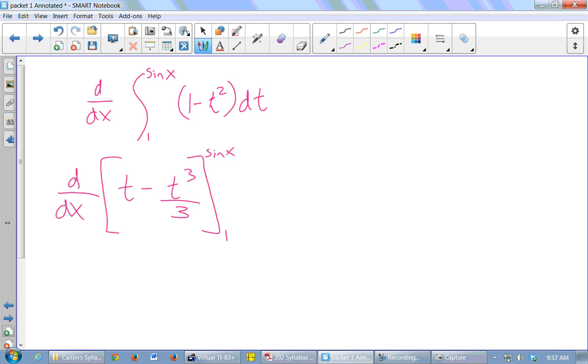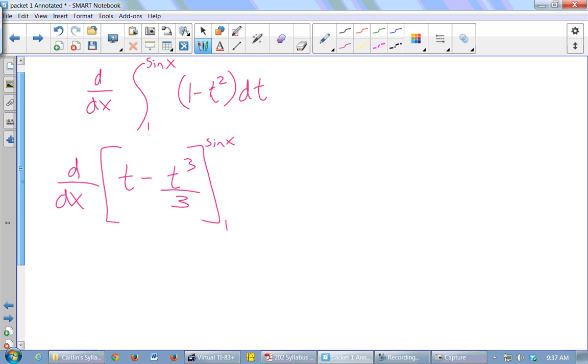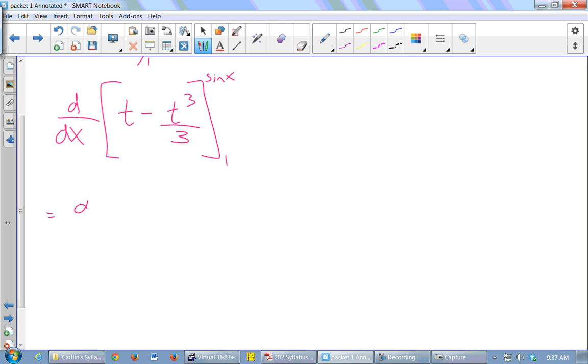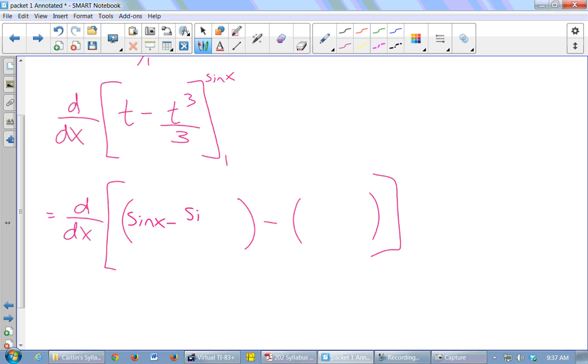So I take an antiderivative, I'm going to evaluate it from 1 to sine of x. So that means I got to plug in a sine of x, and I got to plug in a 1 and subtract. When I plug in sine of x, I'm going to get sine of x minus sine cubed x over 3. And when I plug in a 1, I get 1 minus 1/3, which is 2/3.